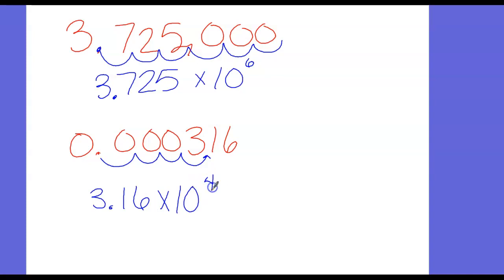And is it going to be positive or negative? Negative. Negative because my number is small. Questions? So it's the opposite of what we did before. So now we're given standard and we have to make it into scientific. Okay.